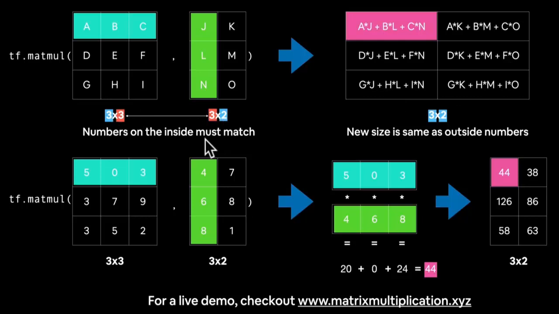Okay, wonderful. And then if we swap these elements from letters to actual numbers, so the same shapes here, we take 5 times 4. Okay, this is the same as A times J. Yes. 0 times 6. Okay, 0 times 6. Yes, which is the same as B times L. Wonderful. And then we have 3 times 8, which is the same as C times N. All right.